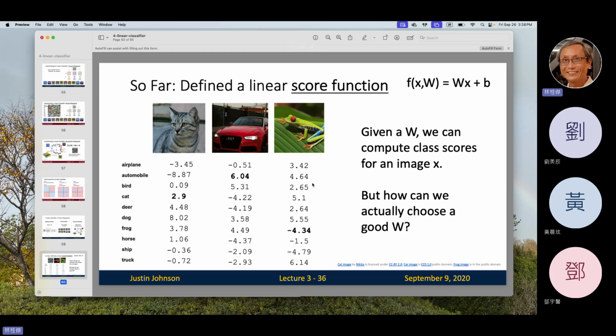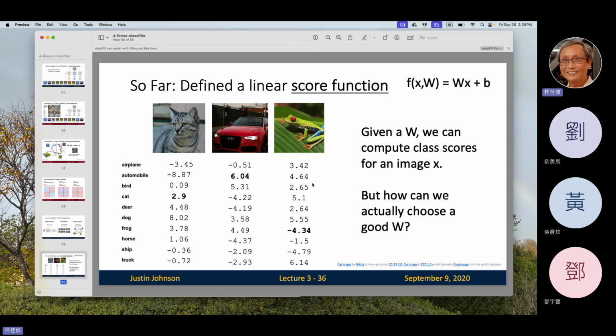And so we look at the matrix, or the W, and we can compute each one of them, and each one has a set of scores. Definitely we want the score to be highest for the cat, but lower for others. For the car, we want it to be high here, and low in others.